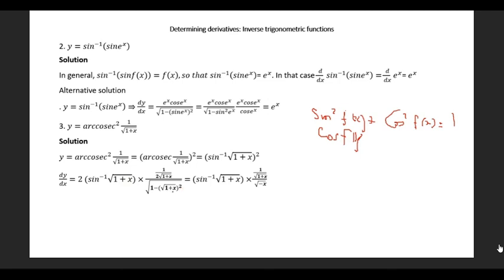What we are squaring is the square root of 1 plus x, and then we want the derivative of what is inside. So it will be 1 over 2 into root 1 plus x. That is the derivative of this one. And that's why our final answer is going to be this.